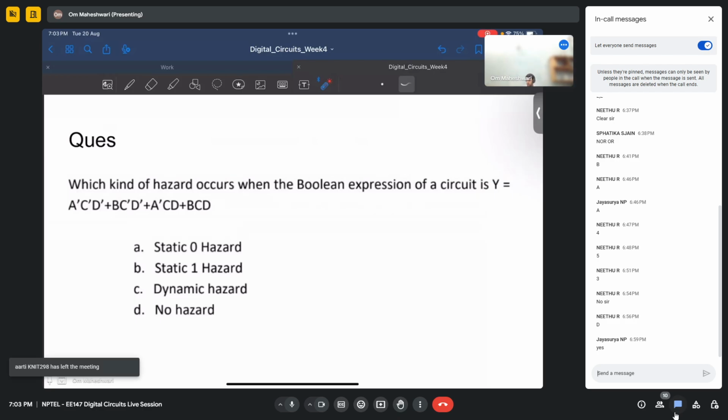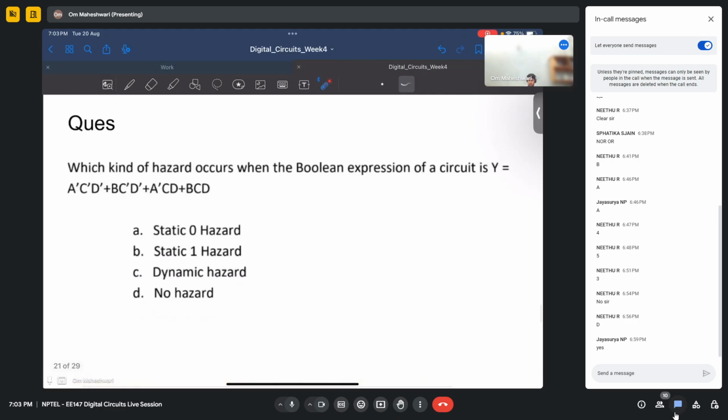Please try to see how to do this. Okay, so before solving this, let us see the theory part a little.